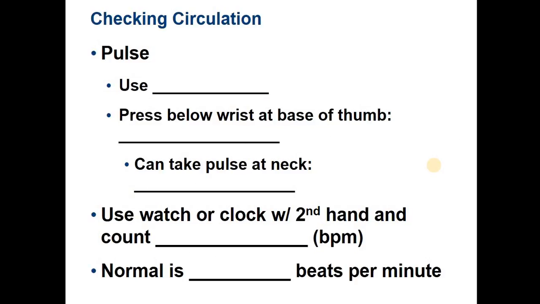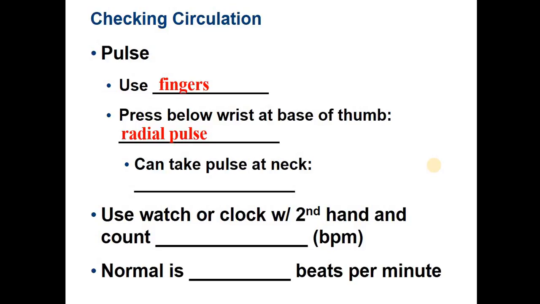Now, different ways to check the functioning of the heart, and we did some of this in lab. One way is by checking the pulse. This pretty much can tell you if the heart at least is contracting and relaxing. For the pulse, you need to use your fingers, not your thumb, and you can press below the wrist at the base of the thumb.